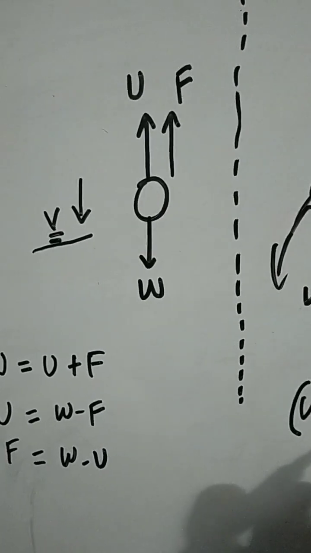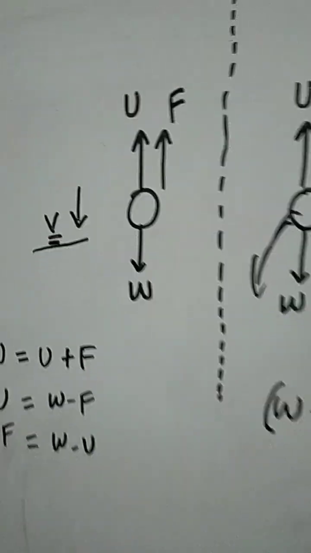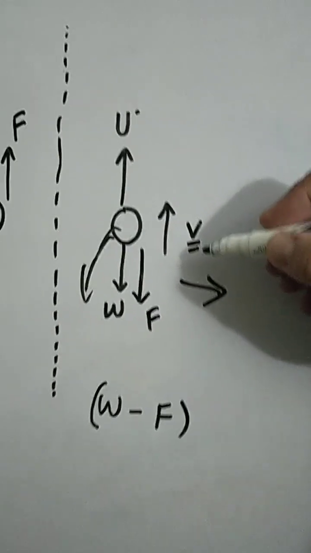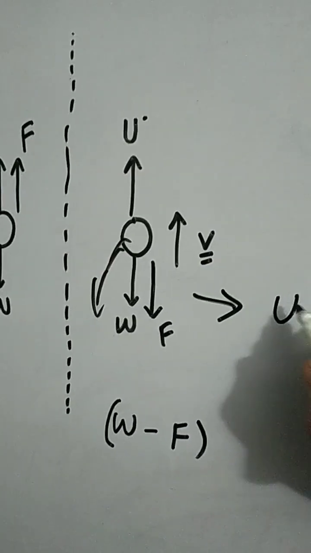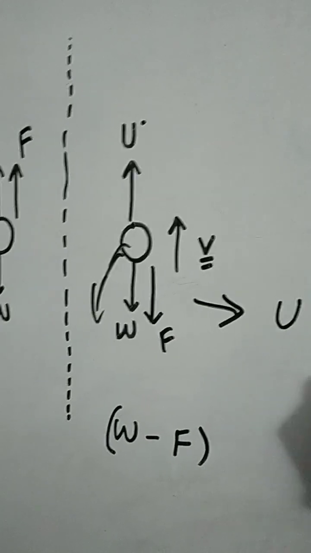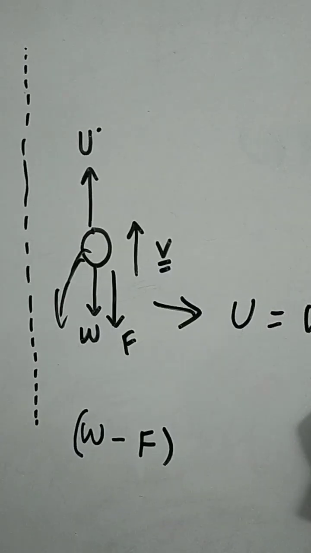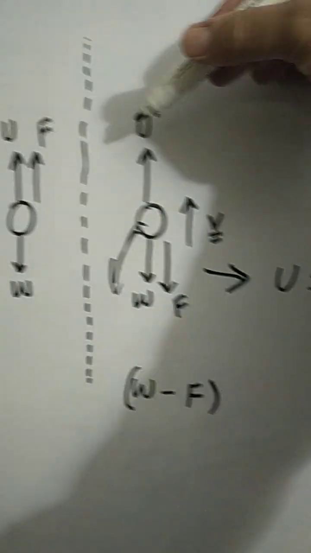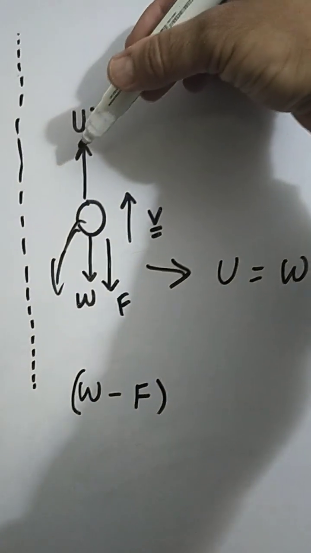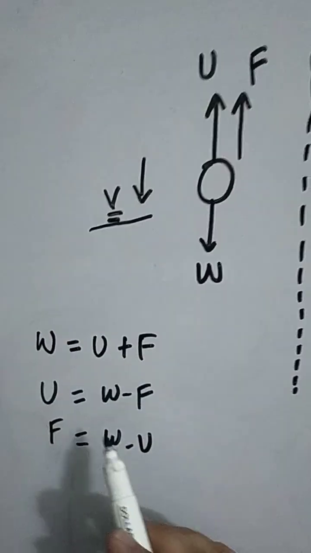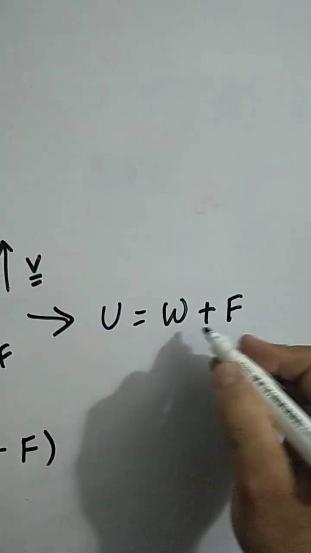First of all, if I write down the equation for the upward situation, upthrust must equal W plus F, and upthrust is dependent on the surface area. In the previous situation, the upthrust was W minus F. Now this time upthrust is W plus F.